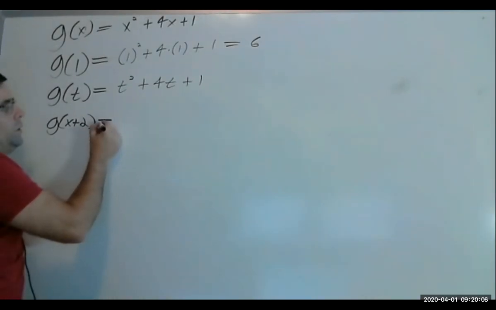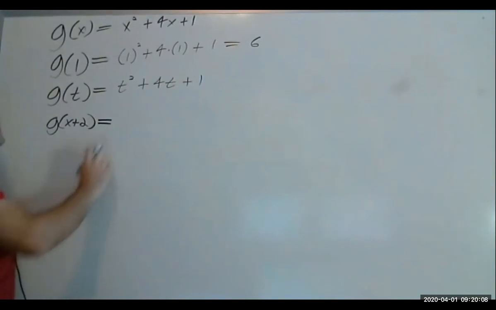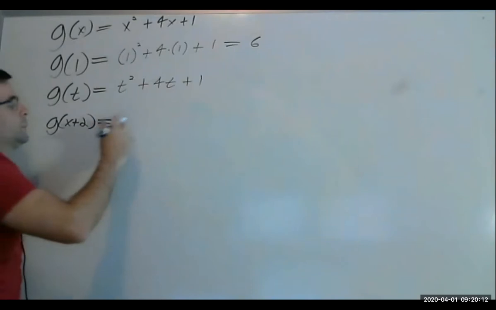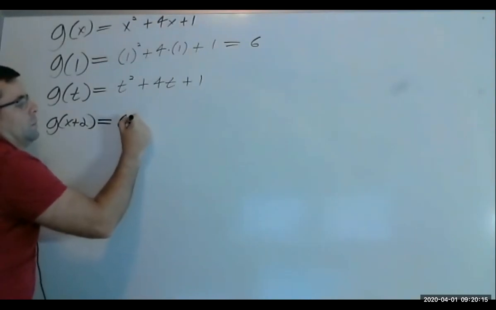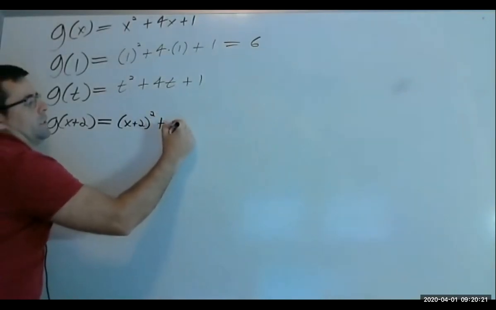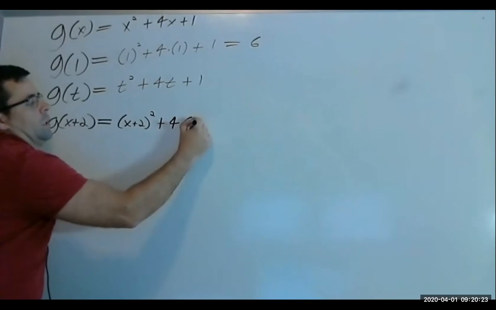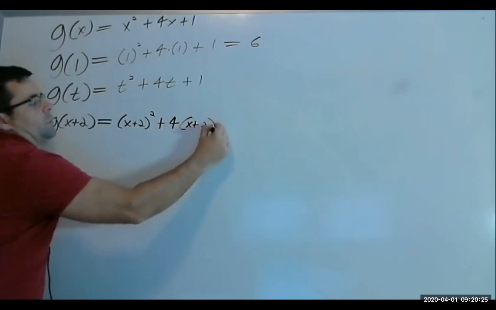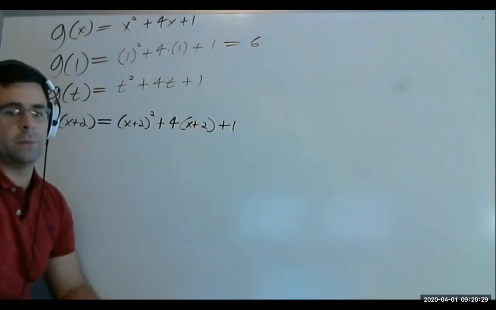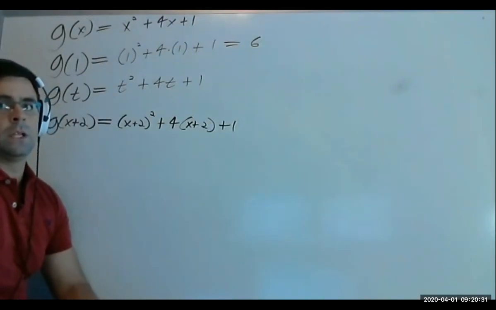All you do is replace everywhere you see an x with x plus 2. So (x plus 2) squared plus 4 times (x plus 2) plus 1. It's the same idea, okay?